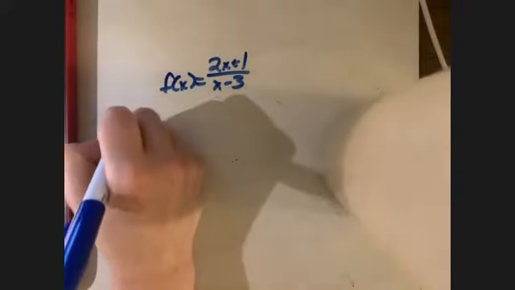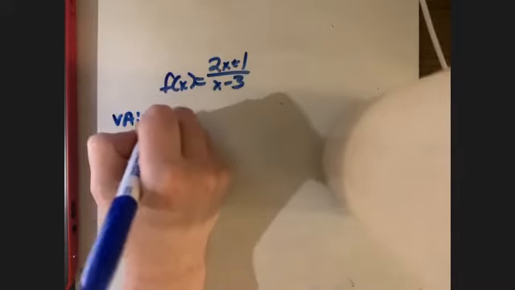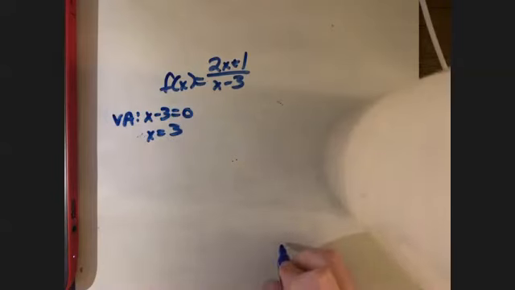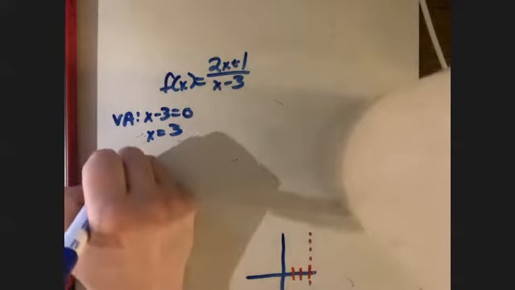So here we go. Verticals, I've got x minus 3 equals 0. I'm going to have x equals 3. Now, I'm going to get a little graph going down here. Okay, so I've got something over here at 3. Okay, and I'll move down a little bit here in just a second so that you can see all this other stuff that I'm doing.